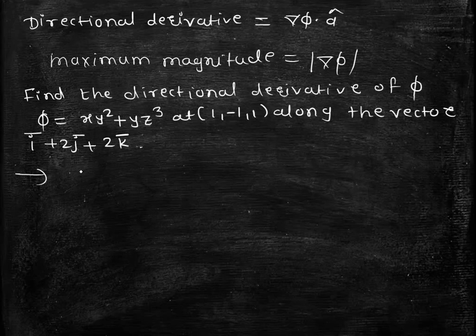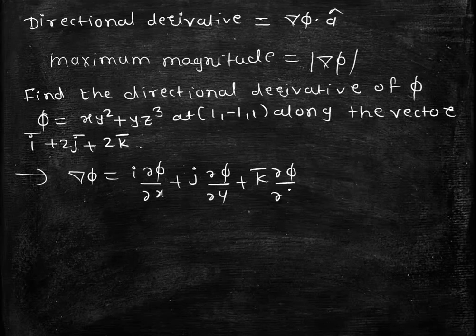So del phi is nothing but i bar times delta phi by delta x plus j bar times delta phi by delta y plus k bar times delta phi by delta z.